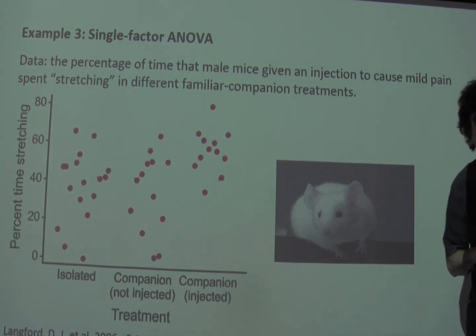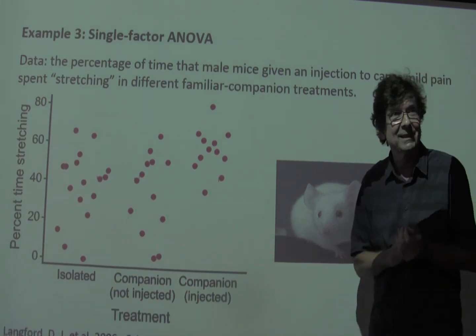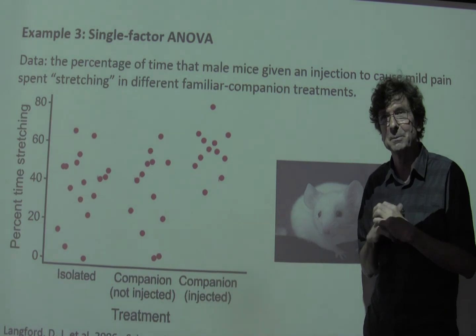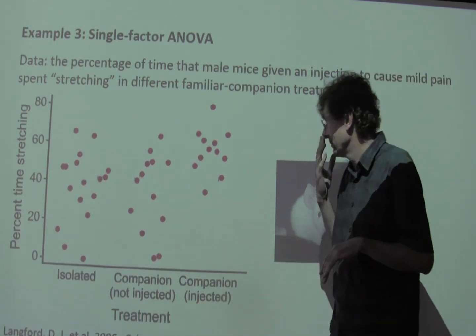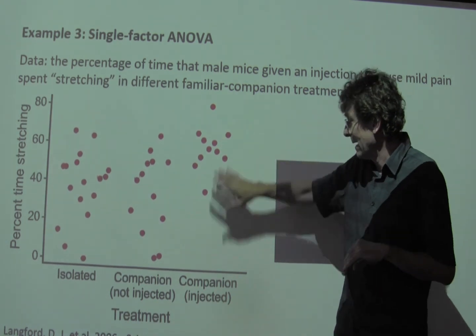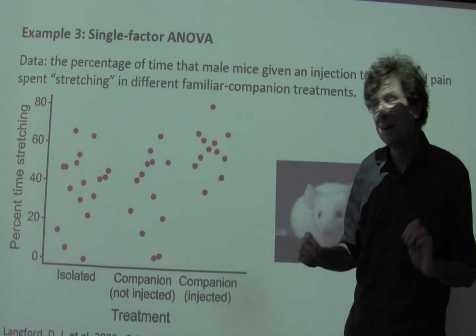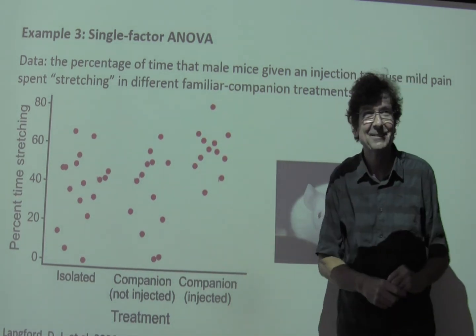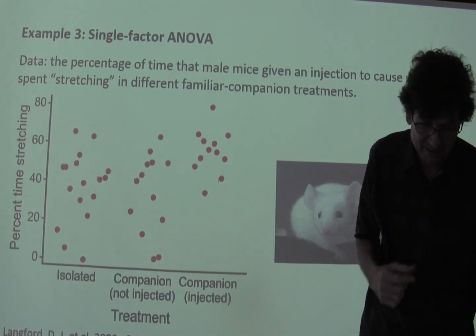Empathy. I feel your discomfort. Supposedly, at least that's the interesting interpretation. And what's even more, I've dropped some of the treatments, but this mouse, the companion that's injected, has to be a friend mouse. If it's a strange mouse, we're back down here. It has to be known to the individual. Don't underestimate mice.